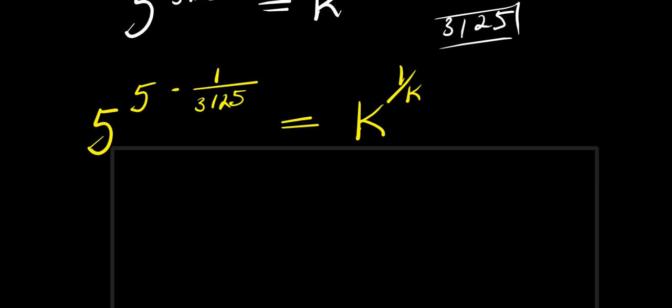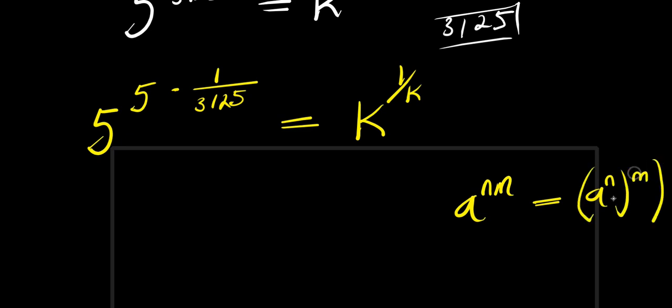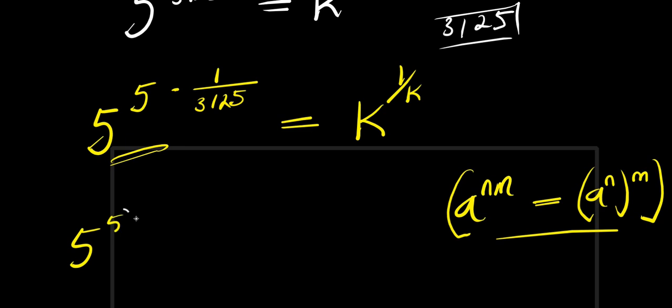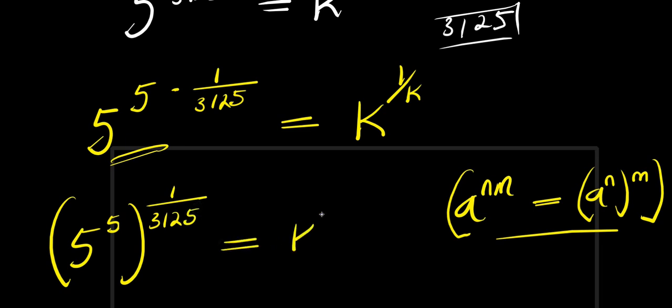And remember the fact that if you have a^(n times n), this equals (a^n) to the power of n. Applying this right here, I will have 5^5 raised to the power of 1/3125 equals k^(1/k).